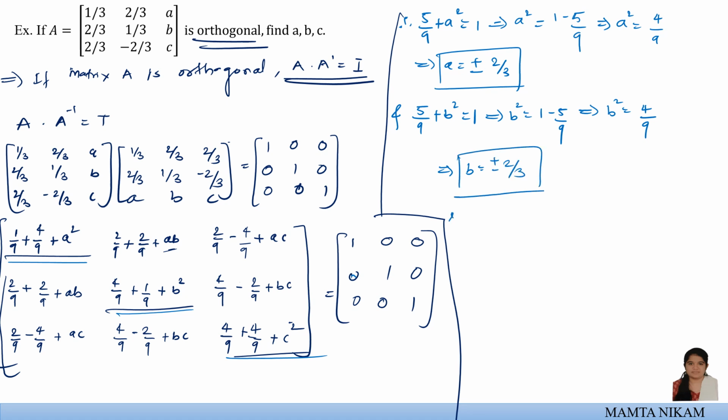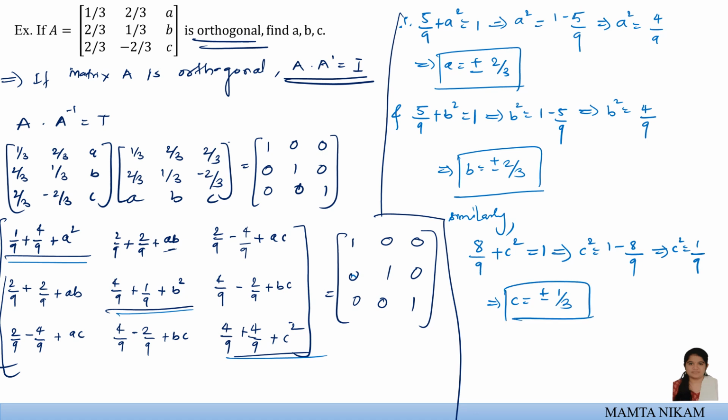Similarly, the third diagonal element is 4/9 plus 4/9, which is 8/9, plus C square equals 1. So C square is 1 minus 8/9, that is 1/9, and therefore C is plus or minus 1/3. So these are the required values of A, B, C for this given orthogonal matrix.